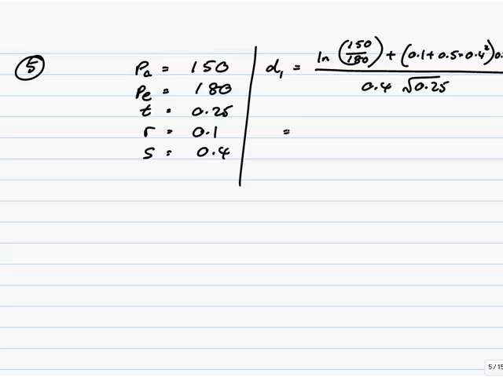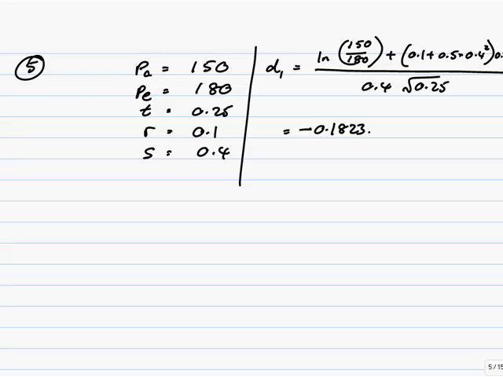Now be careful here because the first term, log of 150 divided by 180, 150 divided by 180 is 0.83 something. ln, it comes to minus 0.1823. I said earlier it can be negative. In fact, you may remember from school the log of a number of less than 1 is going to be negative.